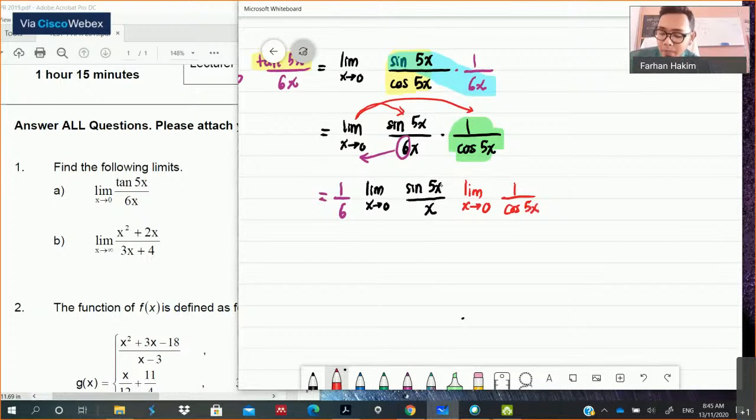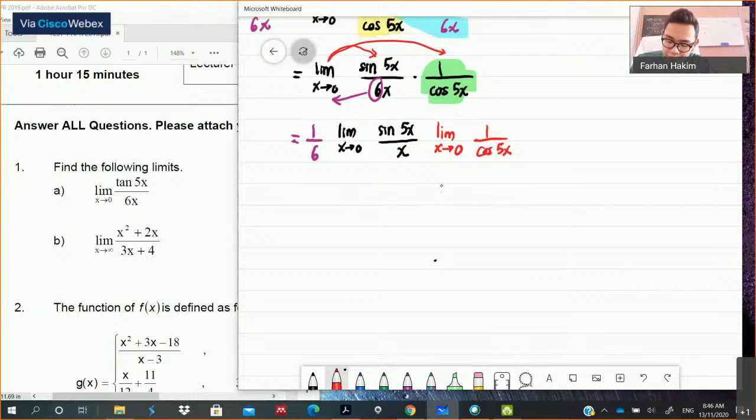Now, we note that it is 5x here, but x here. What we need to do is to make the 5x the same as the 5x. So we have to put the 5 here, but we also have to put the 5 here. We cannot simply put the 5 there.